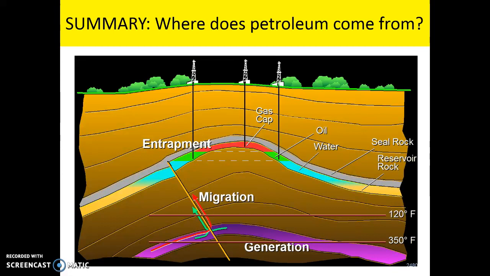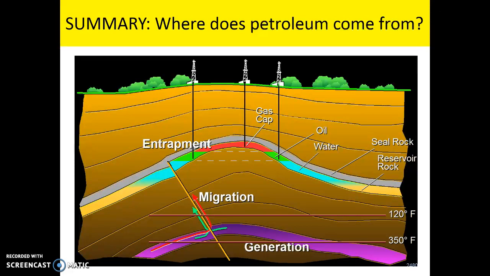Alright, so the summary of the petroleum system. Okay, where does petroleum come from? Source rock that is rich in organic matter has to be the first element in the petroleum system. We have to remember that the source rock has nothing to do with the reservoir rock that contains the oil in the oil field.